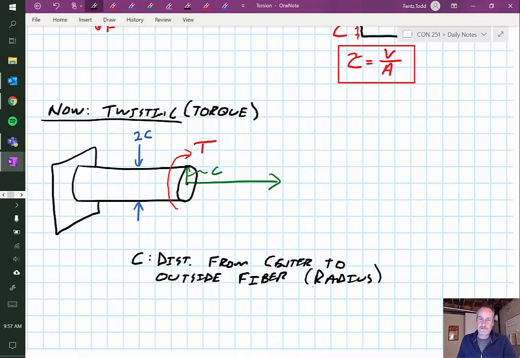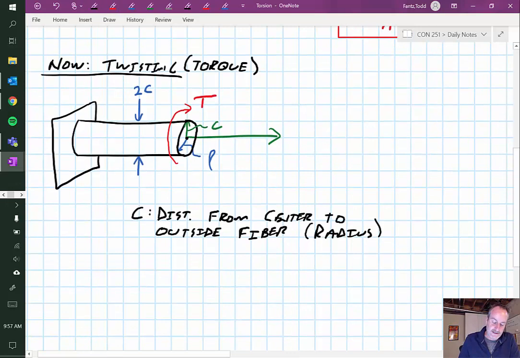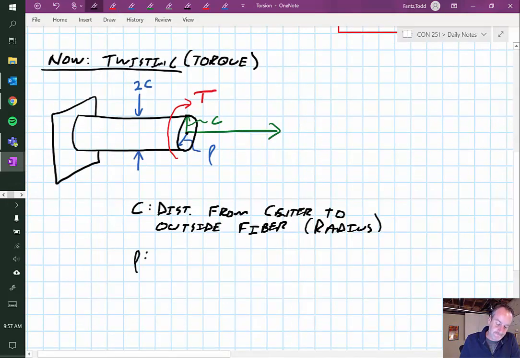Now, we're also going to define a distance away from that center in a more generic dimensional term, meaning the distance going in this direction outward, we're going to call that goofy looking p, which is actually a rho. So rho is the radial distance away from the center.